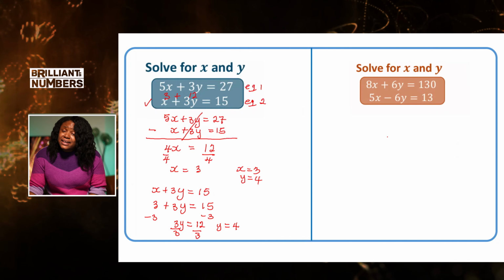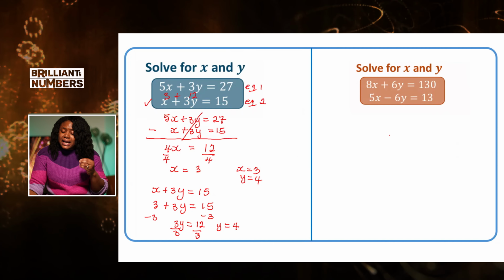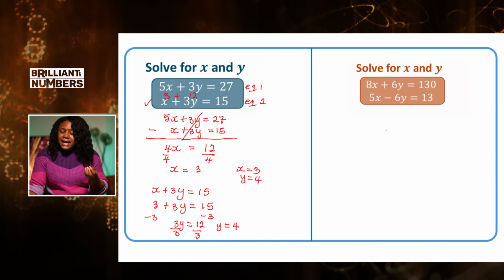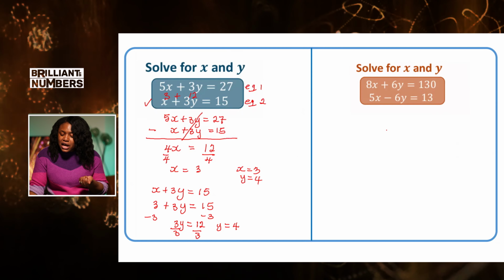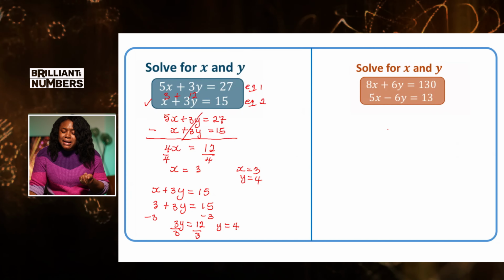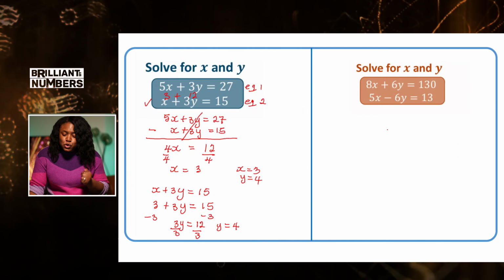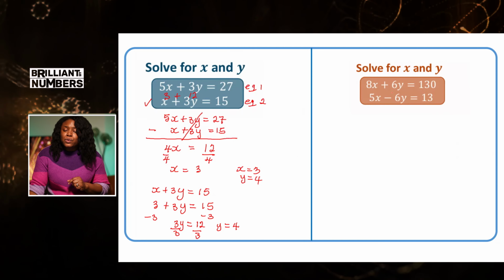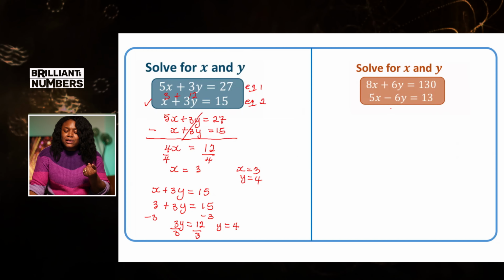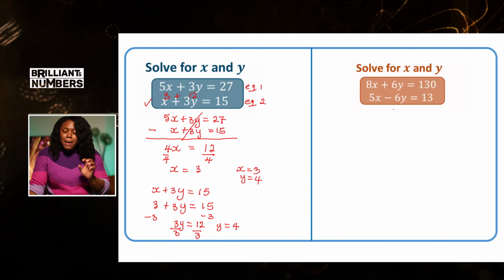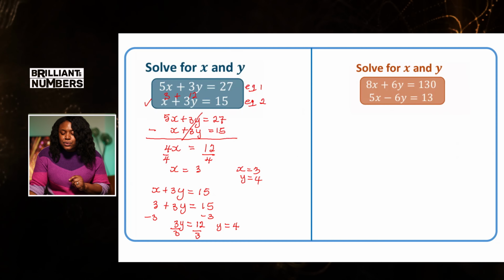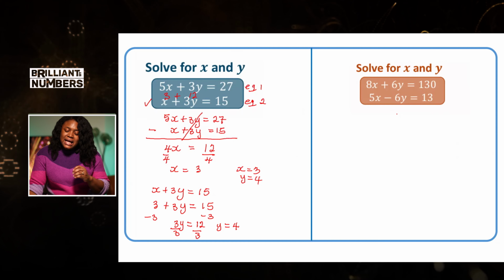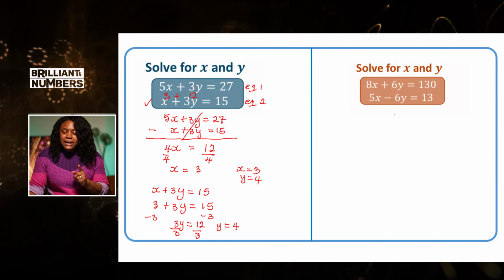So I check again, I'm trying to eliminate, and I can see here 8x plus 6y equal 130 and 5x minus 6y equal to 13. I'm seeing where the coefficients of the y's are, one is positive and one is negative, but the numbers are both 6. So that means I can eliminate the y term.